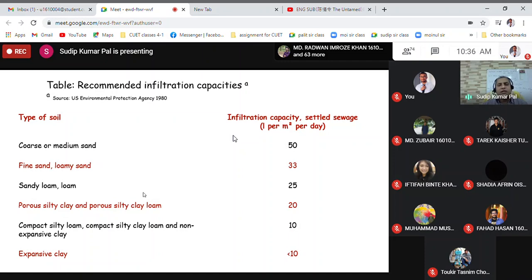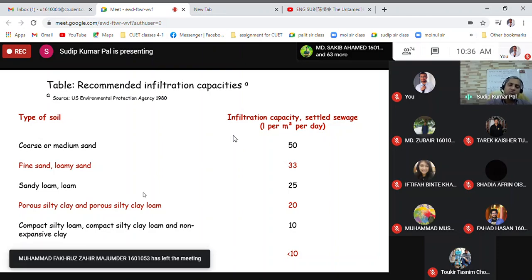And this is another table, as you can see, recommended infiltration capacities for settled sewage without polluting the environment. So if it is a coarse or medium sand, obviously it's 50 liters per square meter area per day, and then it's going down as you move to the finer fraction of the soil.